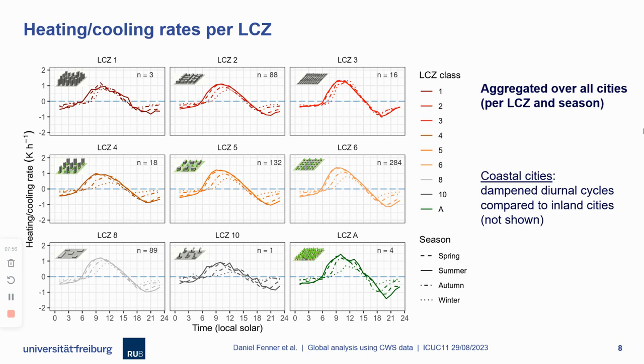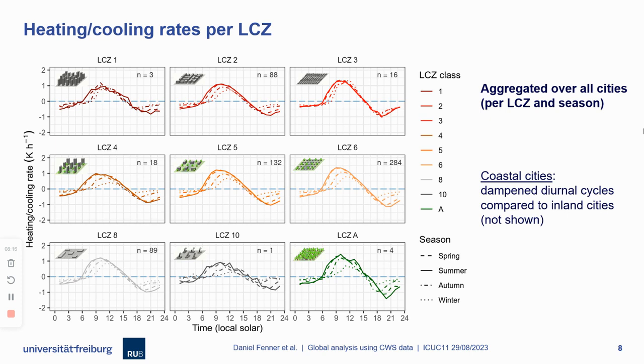So what do we get? We'll look at the heating and cooling rates first. And here we can clearly see that the heating and cooling is dampened for classes with higher buildings, and also for denser buildings. So that's the first one.